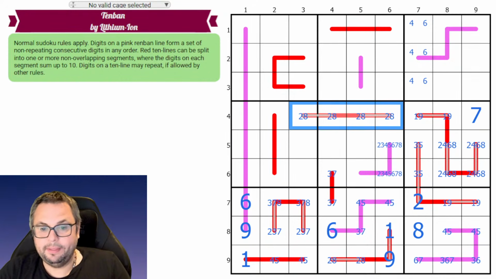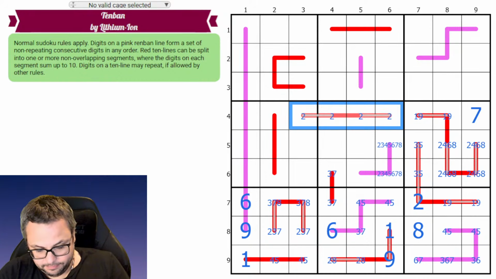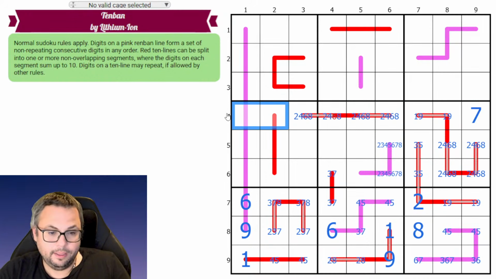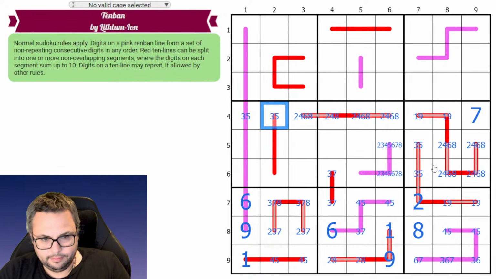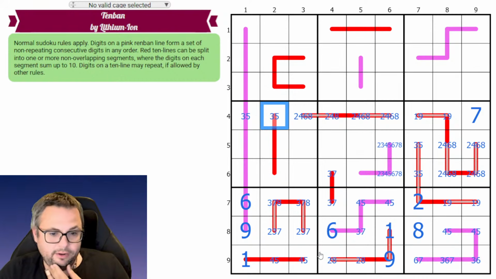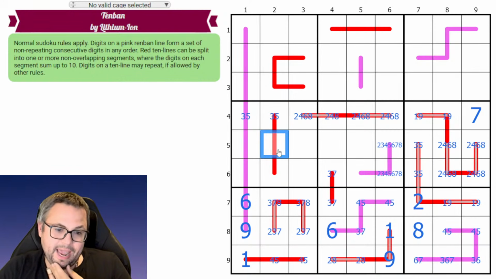Oh, we don't know that about the 6. You're right. That was an incorrect deduction. This part was still right, though. That could still be a 6. Okay, and this cell can't be a 5 is the point, because if this were a 5, it would have to go with a 1, 4, and this cell would be broken.